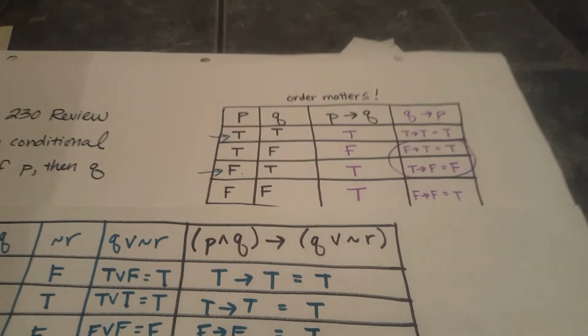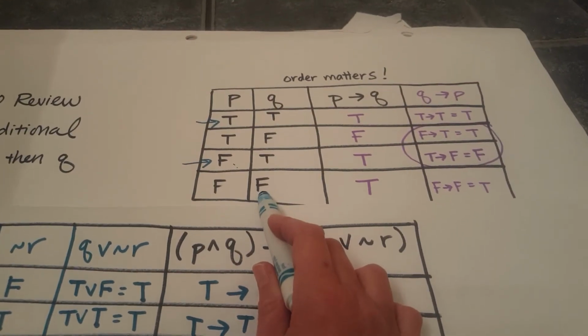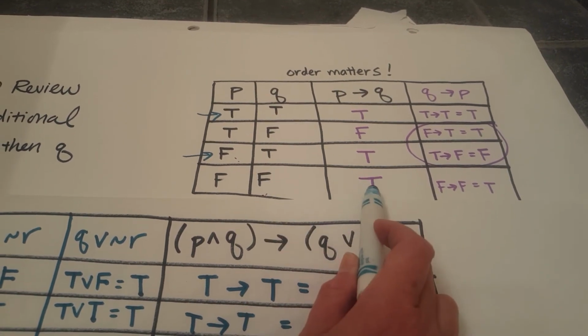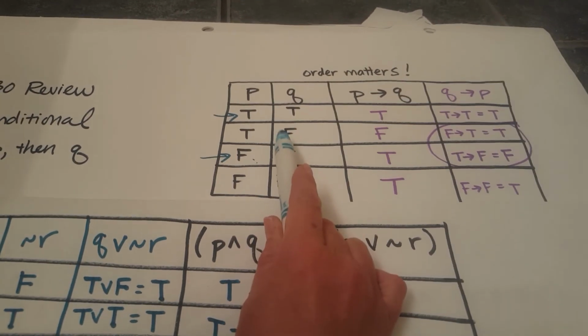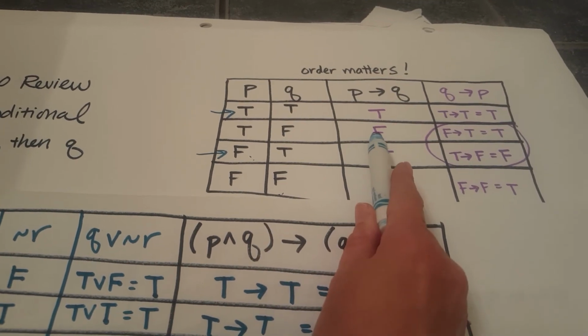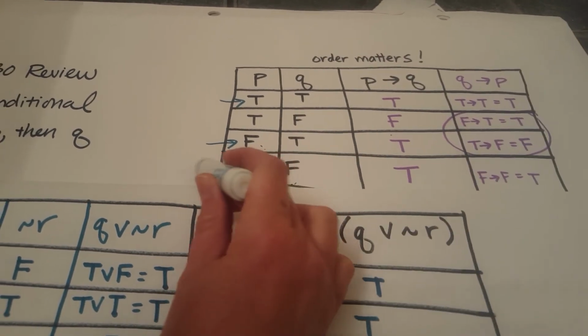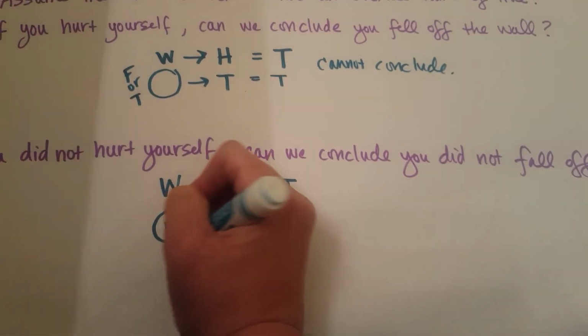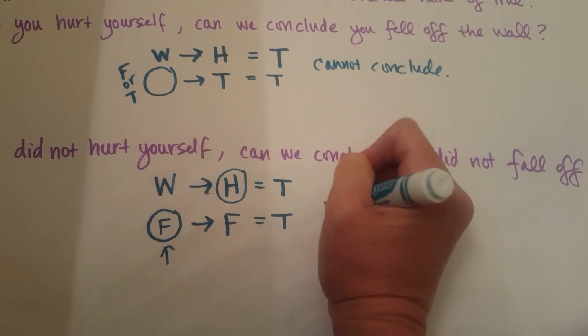If we go up to our truth table, the second value that's a false, we want the last value to be a true. So I have a second value of false, last value is a true. The other one that has a second value of false has an overall of false. So we only have one choice. Because we only have one choice, that means that yes, we can conclude.